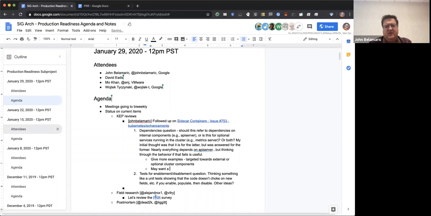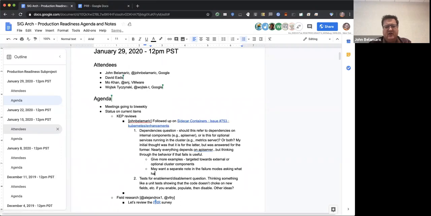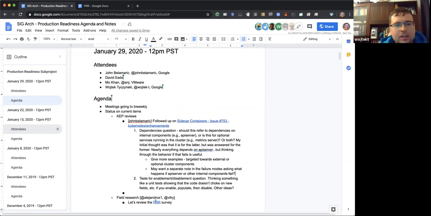We may want a separate note in the failure modes asking what happens if the API server or other internal components fail. And I think that providing one or two examples in the questions would be very useful.